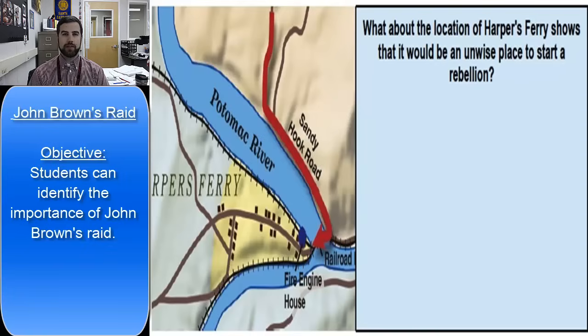So for John Brown's raid on Harper's Ferry in Virginia, we'll look at this question in just a second. On the night of October 16th, 1859, John Brown and 20 followers attacked and took control of the Arsenal, which is a military building that stores weapons and gunpowder in Harper's Ferry, Virginia. He hoped to start a slave rebellion that would free every single slave in the South.